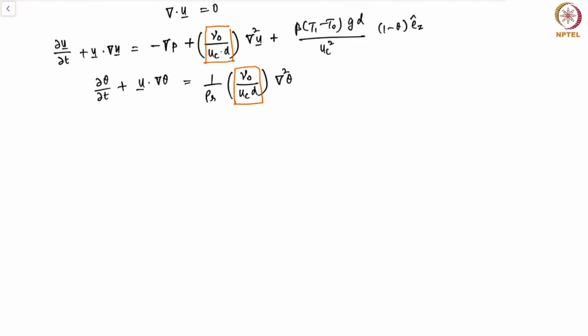But since it is not a shear driven problem, we don't expect Reynolds number to be a very important parameter. We can set uc to be nu naught by d, meaning this uc now becomes the diffusion velocity.